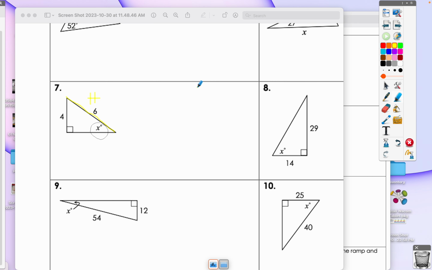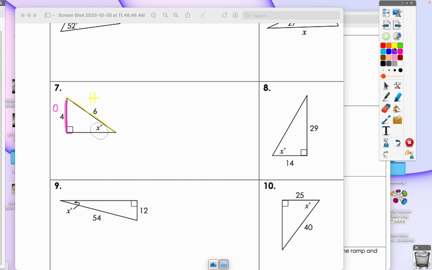Okay, step number 3, identify the opposite side. Whoop, I was about to give the wrong one. There it is. 4 does not touch the angle because that's the one that it opens up to make. It's across from the X. It's on the other side of the triangle, and this is my opposite.